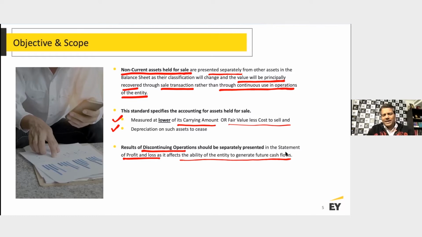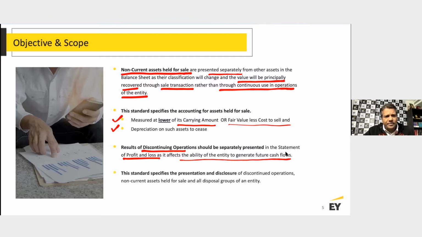That I, as a shareholder, will no longer have access to this set of cash flows, on an ongoing basis for a foreseeable future on a going concern basis. Hence, this has to be presented separately. In fact, you have to compute EPS for discontinued operations separately, because I will no longer have access to these earnings in the foreseeable future.